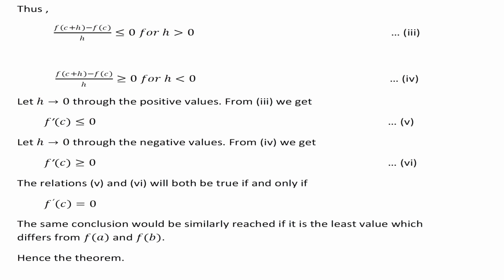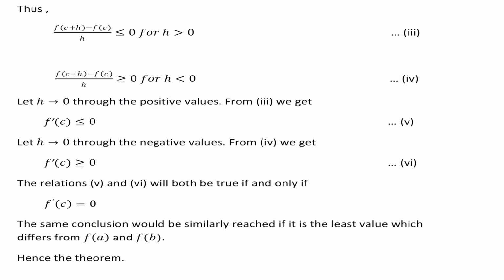Therefore, what we have got from results 3 and 4 is that f dash of c is less than or equal to 0 when h tends to the positive side, and f dash of c is greater than or equal to 0 when h is negative.